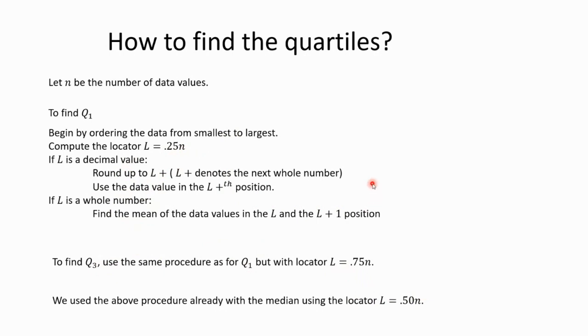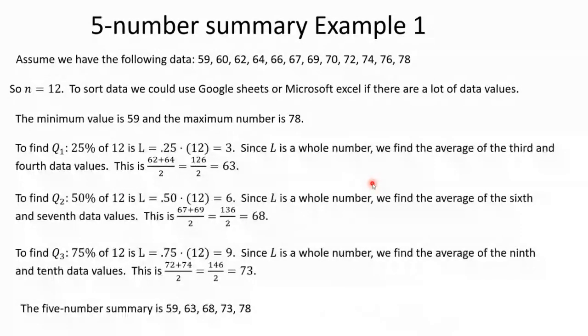It's so much fun, let's try it out. So here's an example. Here the data is already sorted. If it wasn't sorted, you could type it into a column in Google Sheets, each number in its own cell. I don't know about Excel, but in Google Sheets, you highlight the data, go to Data in the menu bar, and then choose sort range or sort column, from A to Z, if I remember correctly.